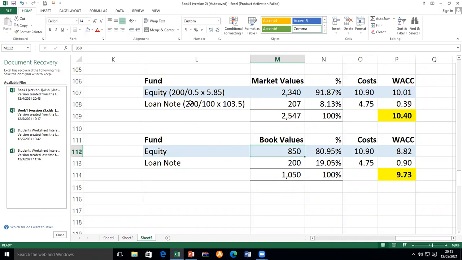So if they ask you what's the effect of using book values, you're likely to underestimate the cost of capital, your discount rate will be wrong, and the NPVs will be overstated.